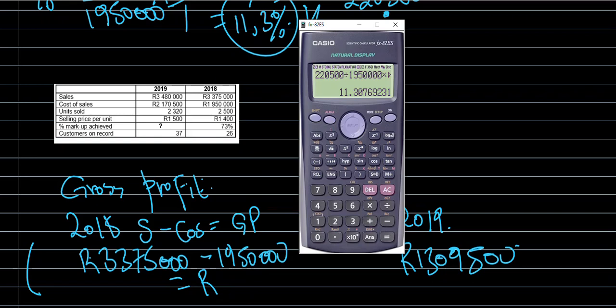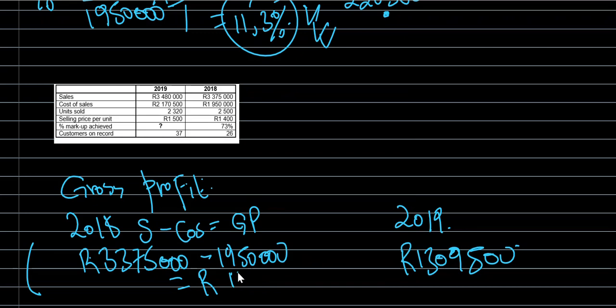Let's calculate the answer then. 3375,000 minus 1950,000. So the answer is 1425,000. Yes, that's the gross profit of 2018.